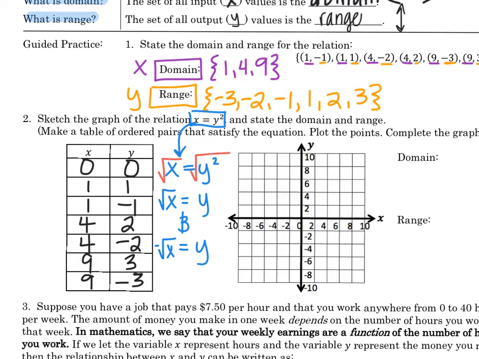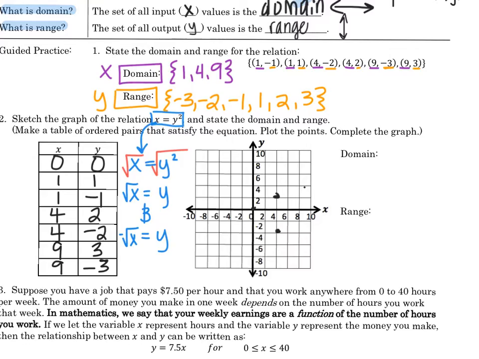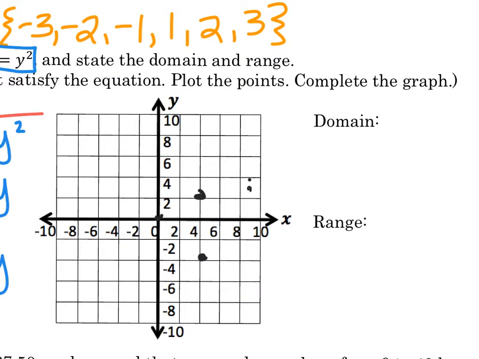So when I come over here to graph that table, it starts here. 4 is positive 2, negative 2, 9, 3. So this is going to be right here and right here, I think.